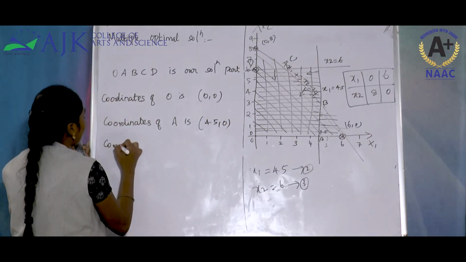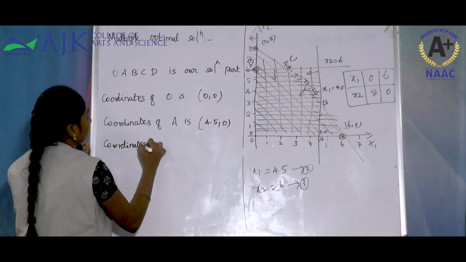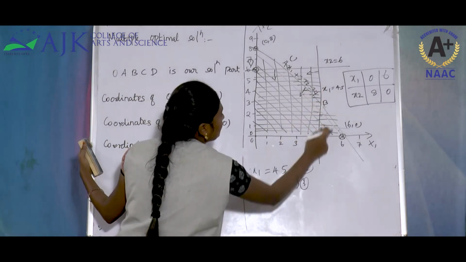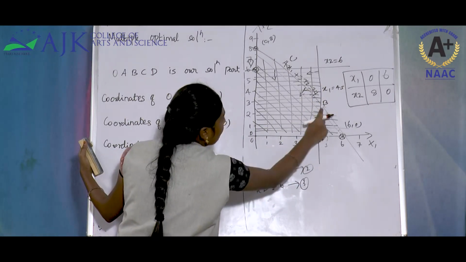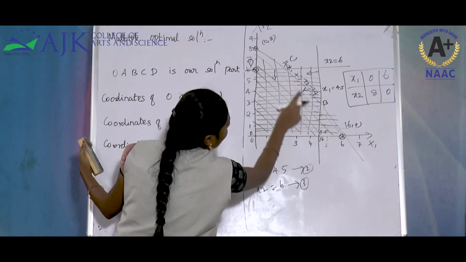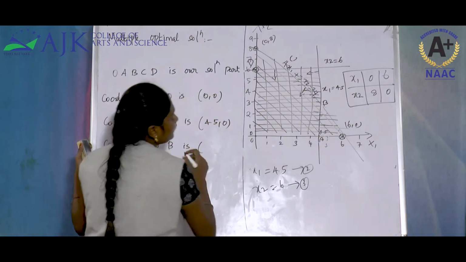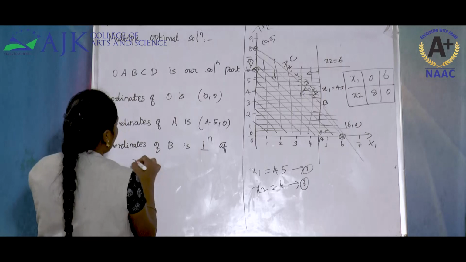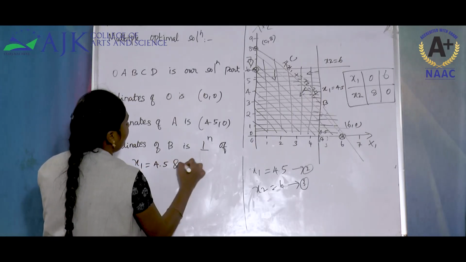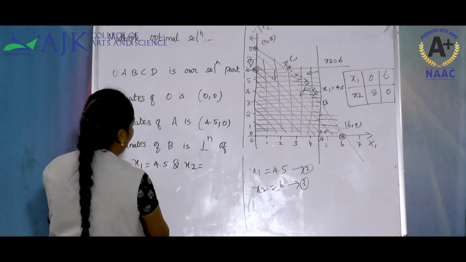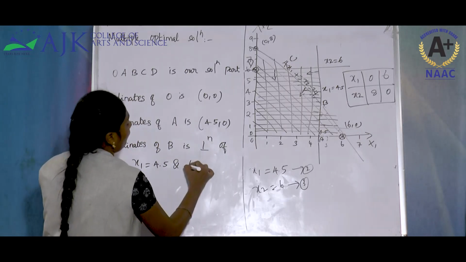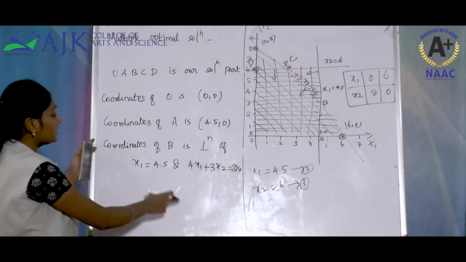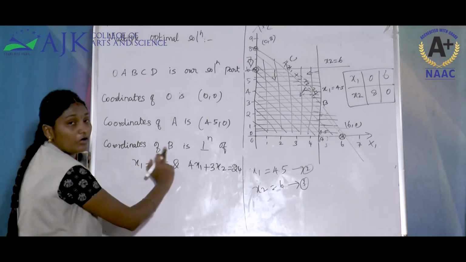Next, coordinate of B: B is the intersection of x1 equal to 4.5 and 4x1 plus 3x2 equal to 24. By solving these two equations, we get the coordinates of B.